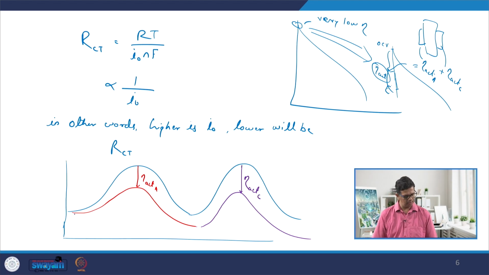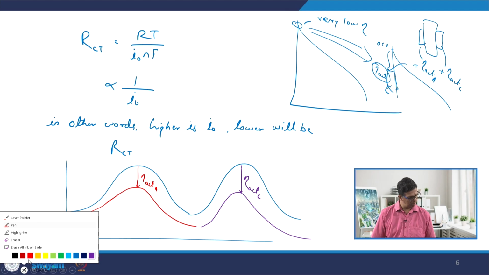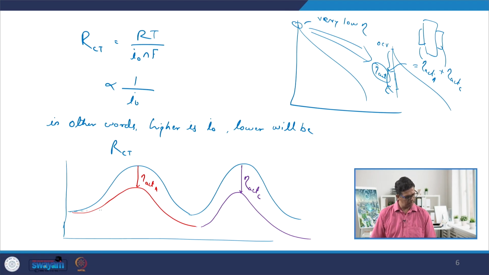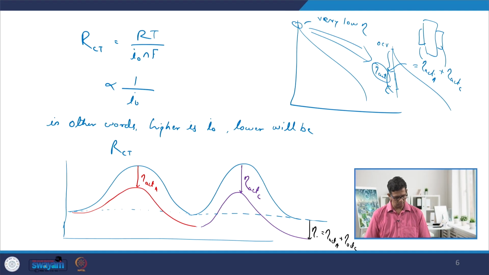The sum of these two, this is at equilibrium, right. So, this is where you can see that both of these activations get added. So, we have total eta as eta activation anode plus eta activation cathode. So, this is total eta activation. Both of these activation overpotentials get added.